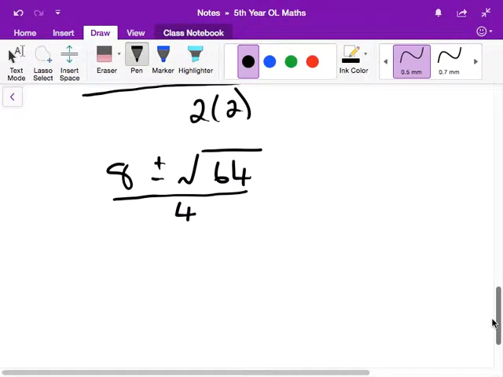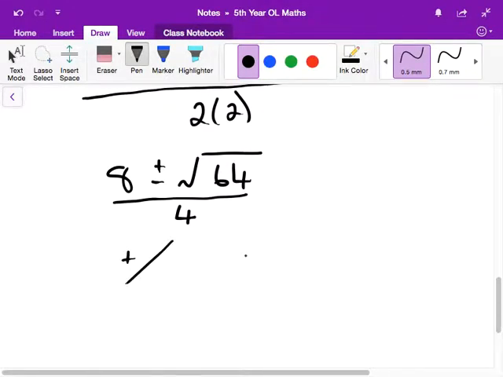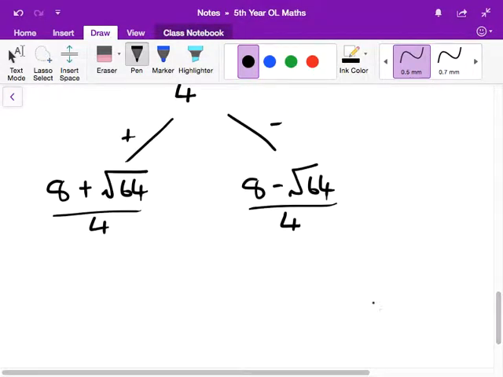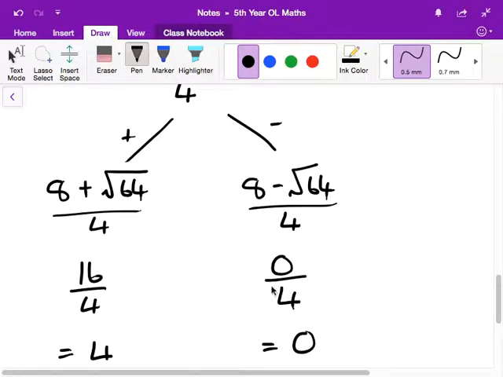We can split that up into a plus and a minus. So we have 8 plus square root 64 over 4, and we have 8 minus the square root of 64 over 4. So this is 16 over 4, which is 4, and this is 0 over 4, which is 0.